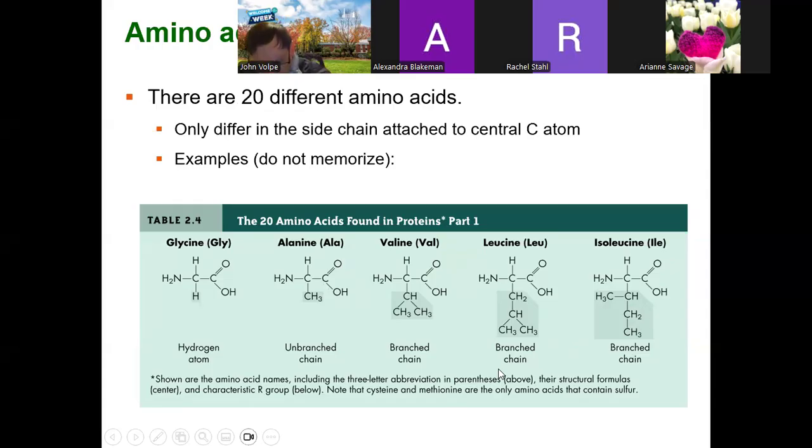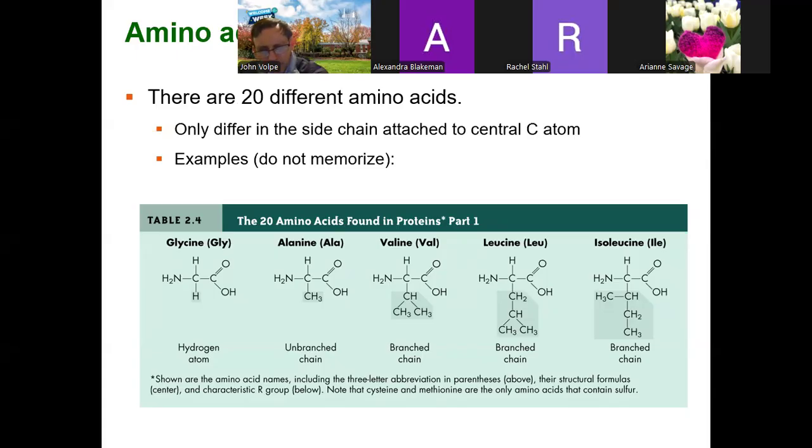If you didn't learn from an earlier, I think it was an in-class activity, the polar group is determined by oxygen and nitrogen binding to hydrogen.